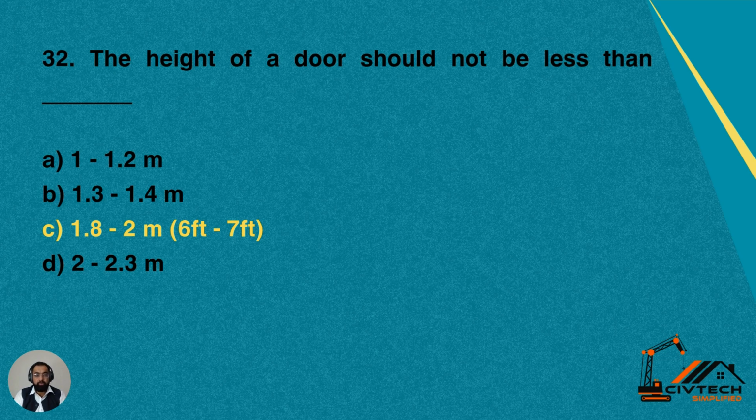But normally the standard size of the door is always 2 meter or 7 feet. Options available were number A 1 to 1.2 meter, B 1.3 meter to 1.4 meter, C 1.8 to 2 meter, number D 2 to 2.3 meter. So 1.8 to 2 meter is the standard provision for the door height.